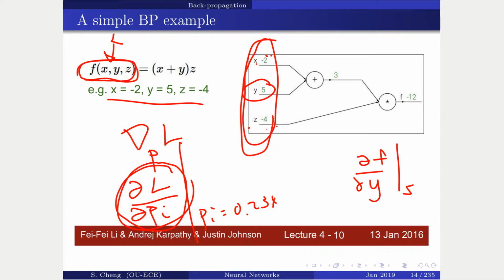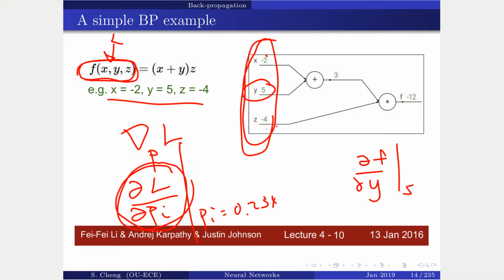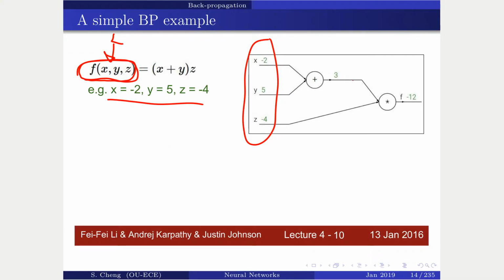The way to do that is first we go forward. We have the inputs here, then go step by step computing the values. So x plus y gives 3 here, and multiplied by z gives -12.